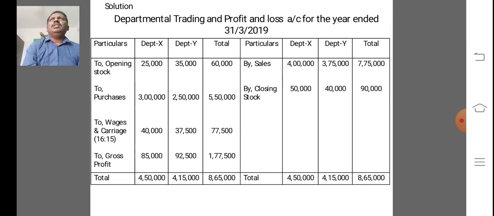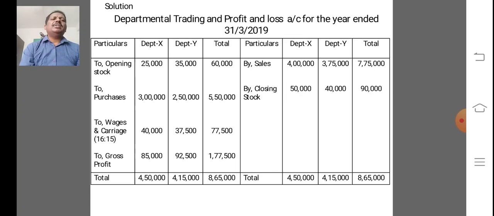So based on the information given in the problem, we have to prepare departmental trading and profit and loss account for the year ended 31/3/2019. In the debit side, 4 columns: particulars, department X, department Y, and total of X and Y. Suppose if there are 3 departments, you make another column for the debit side.